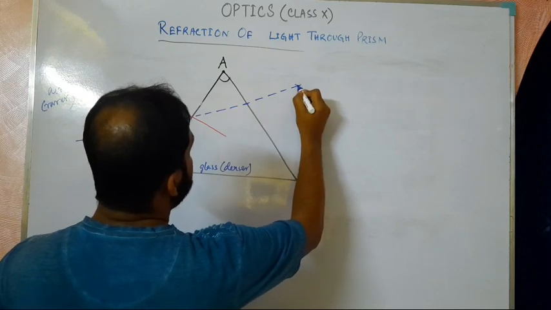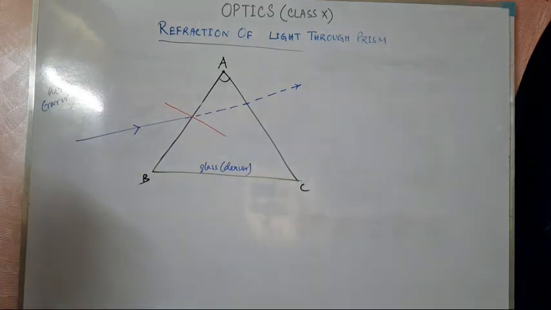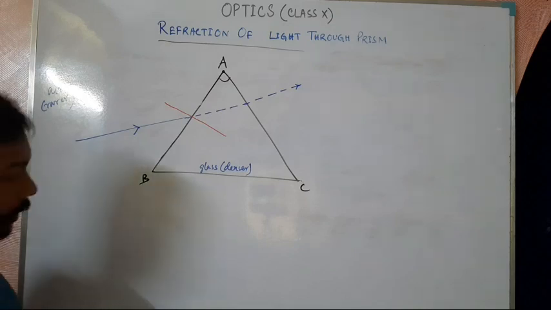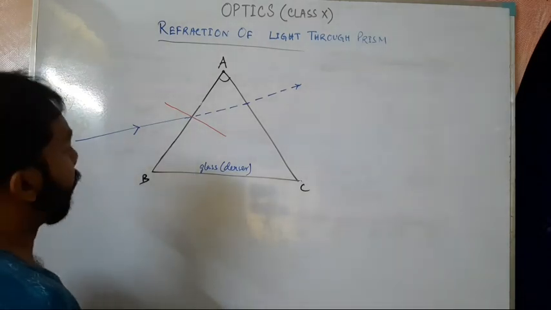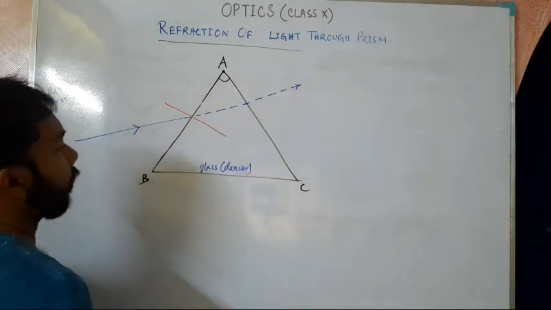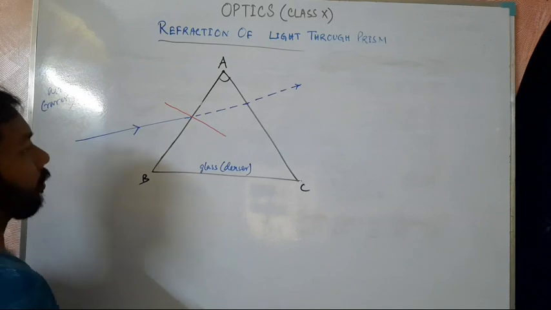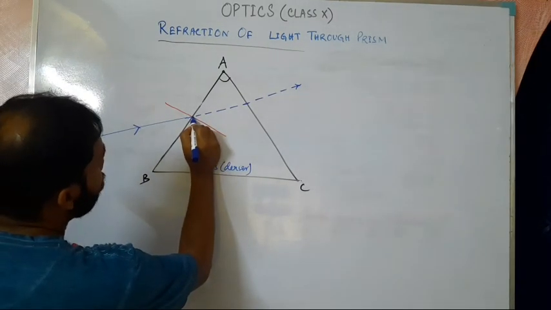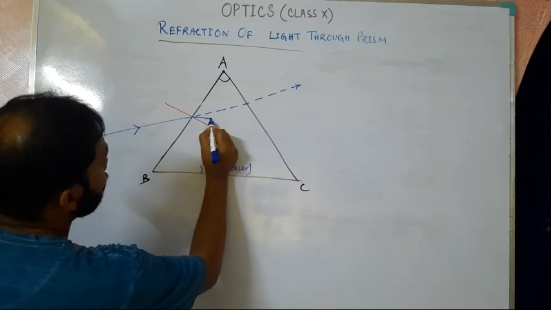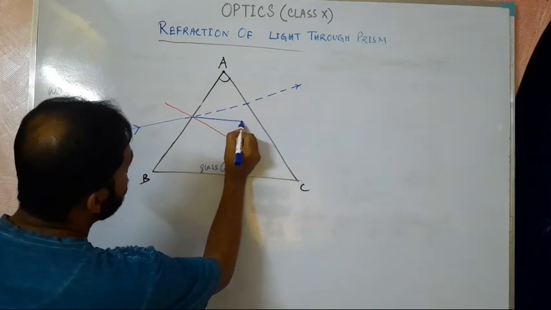So this is the direction of the incident light if the prism were absent. But since the prism is present and it provides a denser medium in the path of the light, the light will bend towards the normal. So light ray bends towards the normal.